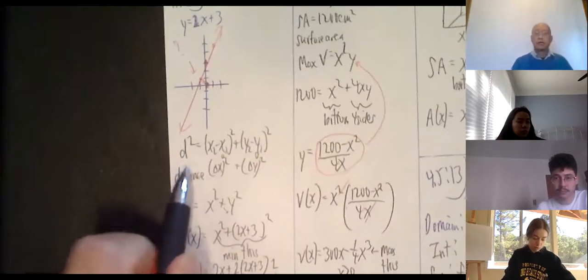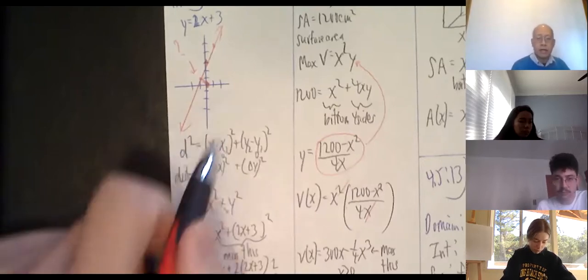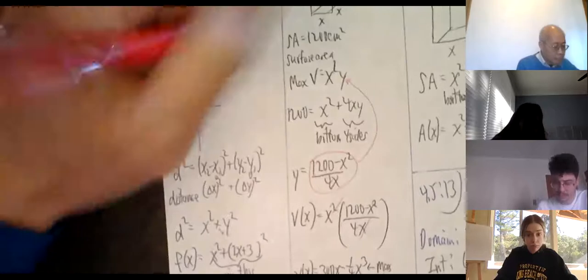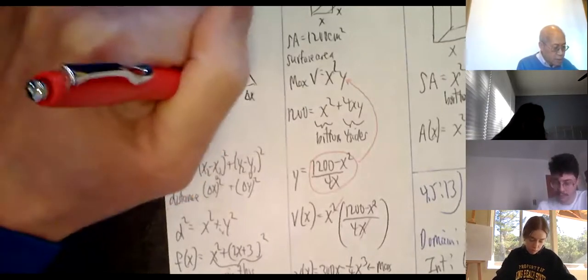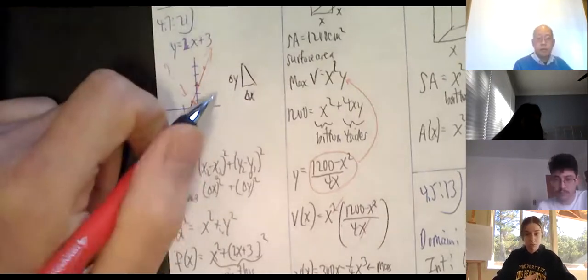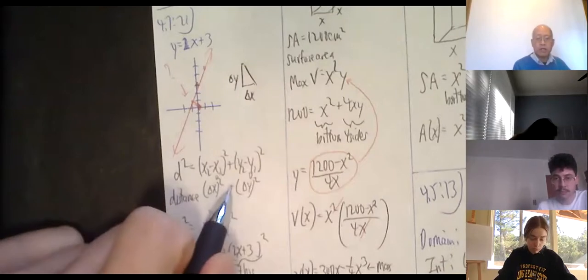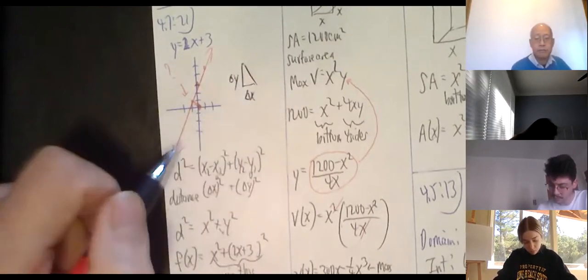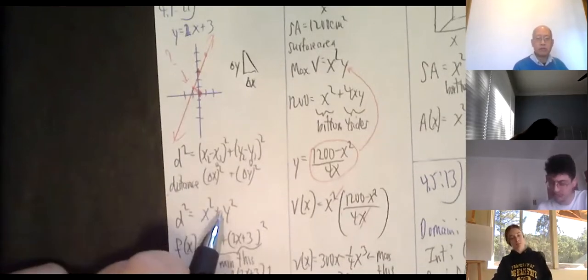Okay, this is a variation of the distance formula. The distance squared is delta x squared plus delta y squared, right? If I expand that picture, delta x, delta y, then the Pythagorean theorem says delta x squared plus delta y squared is equal to the distance squared. In other words, d squared equals x squared plus y squared.